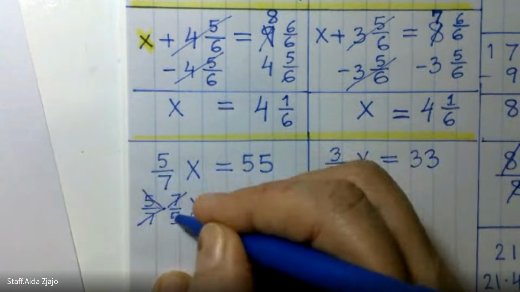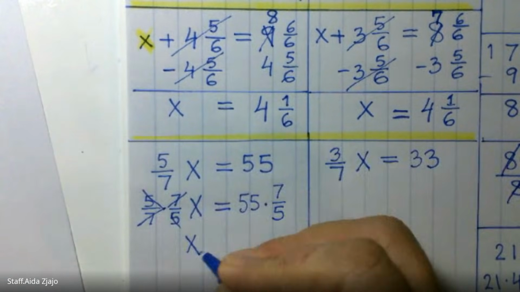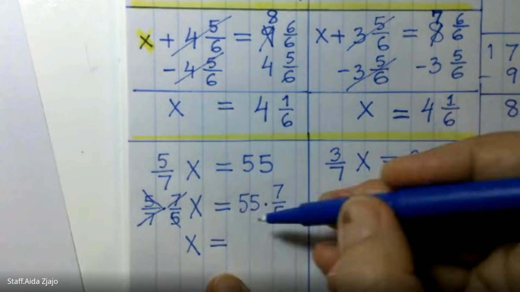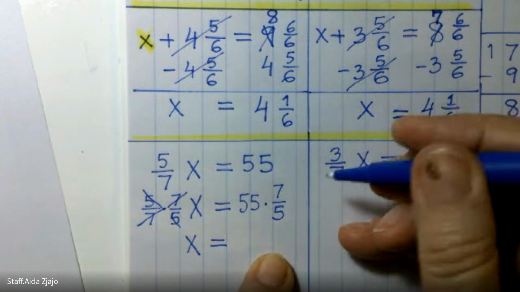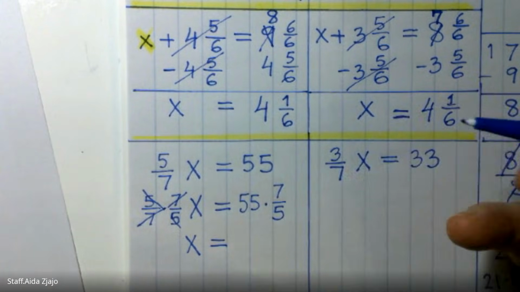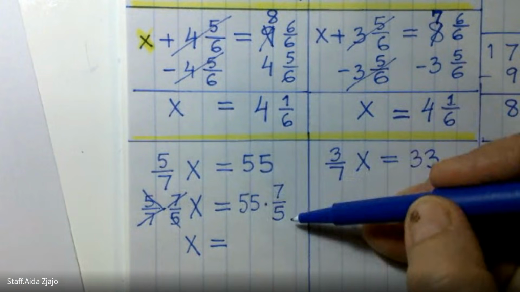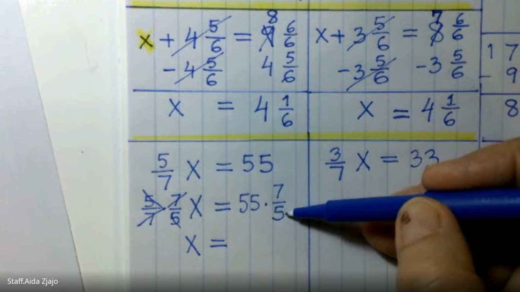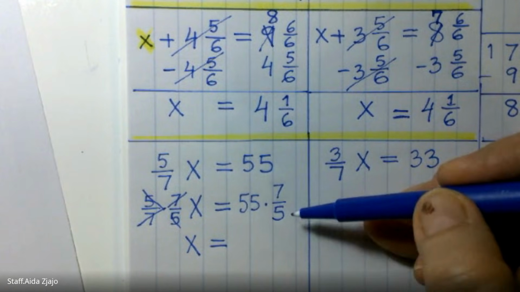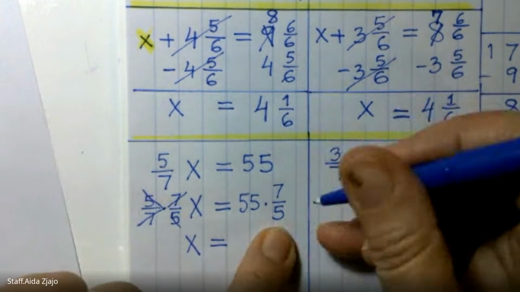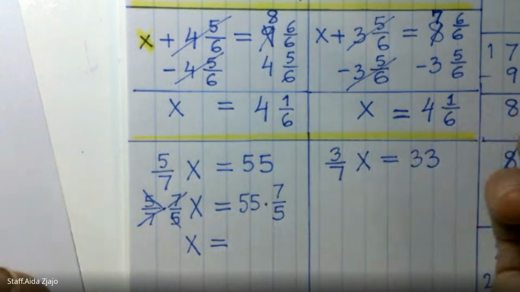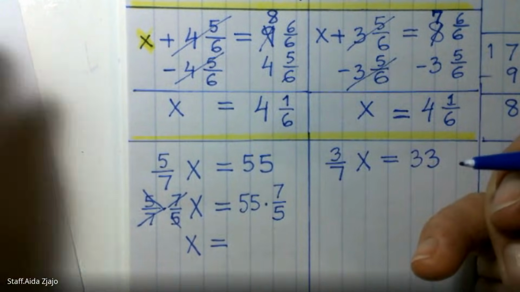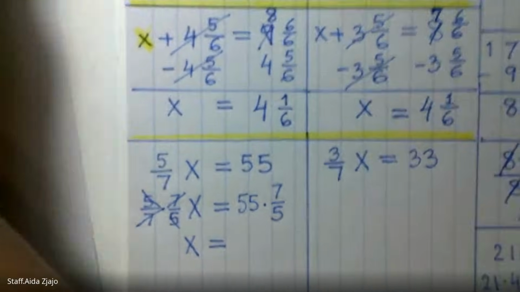This will create x equals, now 55 times 7/5, we can simplify 55 and 5 if you divide both by 5 and then multiply by 7. So the answer should be 77.